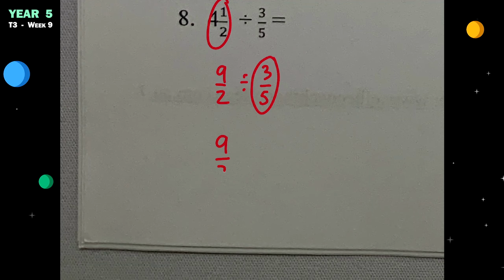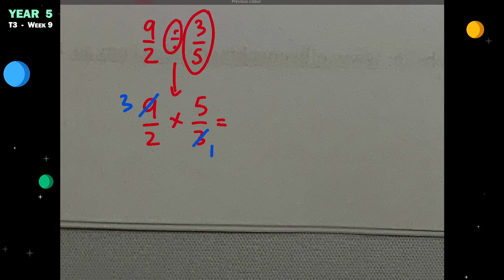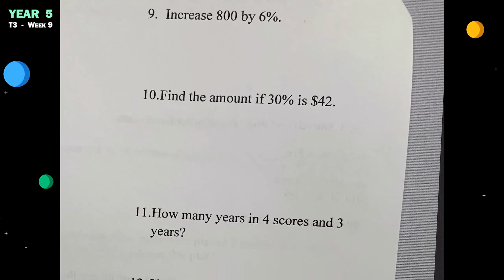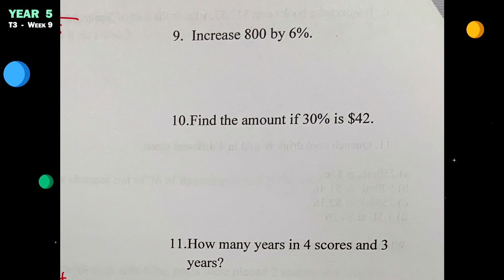So 9 on 2, this one becomes 5 on 3, and we change our divide into our times. And you can work it out, but make sure when you multiply these, that you can actually simplify some of the numbers here. This becomes a 1, this becomes a 3, so you can multiply that across a lot easier. And after you do that, you don't have to simplify it anymore, because it's already simplified.